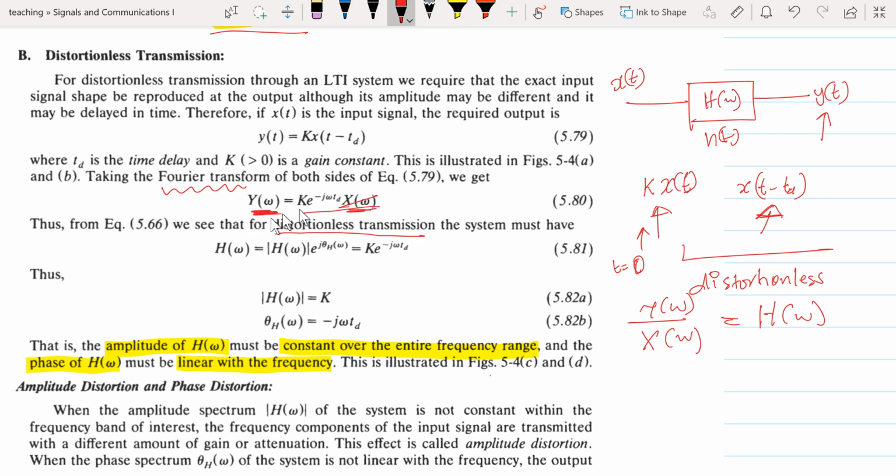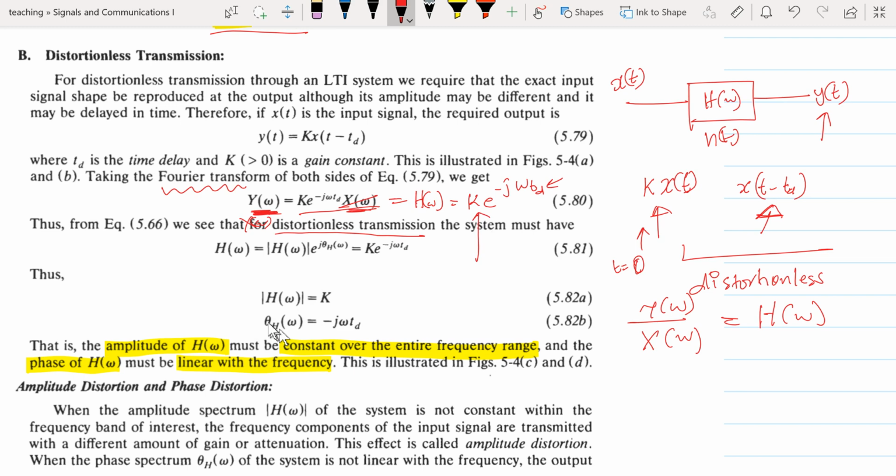When you divide both sides by X of omega, we identify that our H of omega is given by K e to the minus j omega td, where td is the time delay introduced by the system and K is the gain.